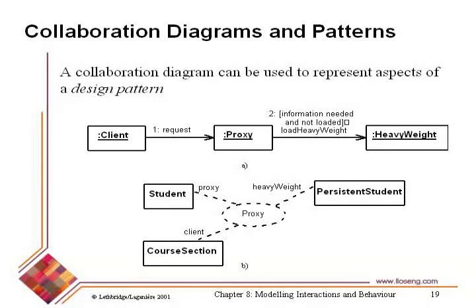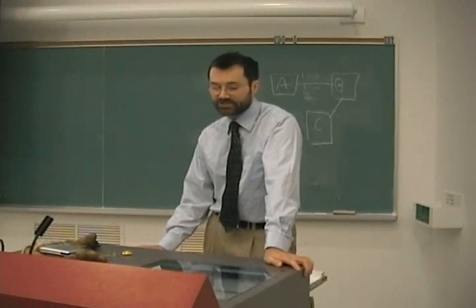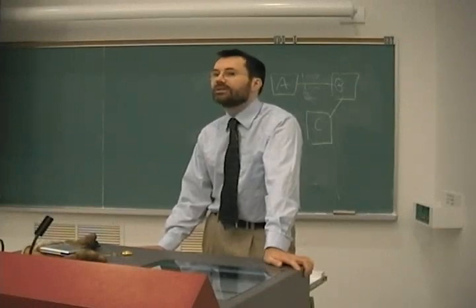This proxy is a named collaboration that involves a student in a proxy role, a client course section in a client role, and a persistent student in a heavyweight role. Notice this is actually a class diagram at the bottom. These are actual classes now, but I'm showing the roles they play in this particular collaboration. So these are different ways of expressing it.